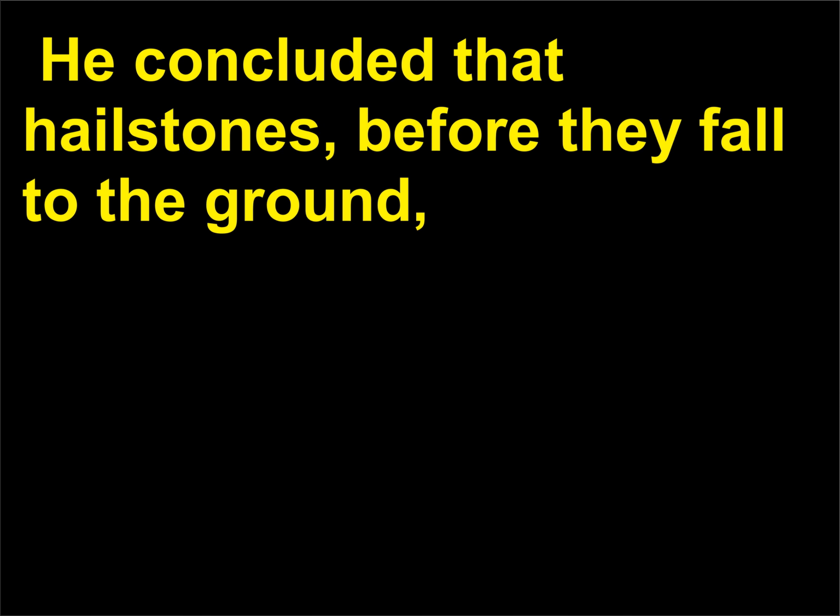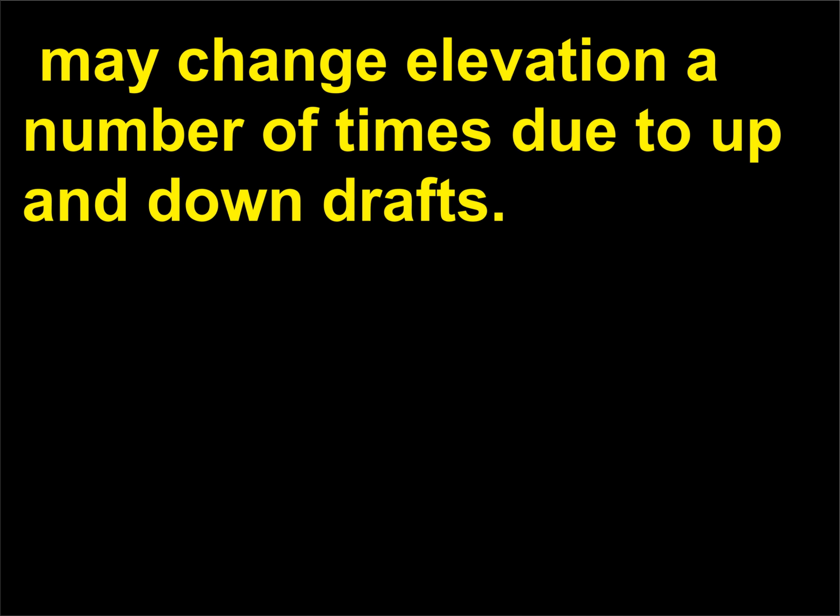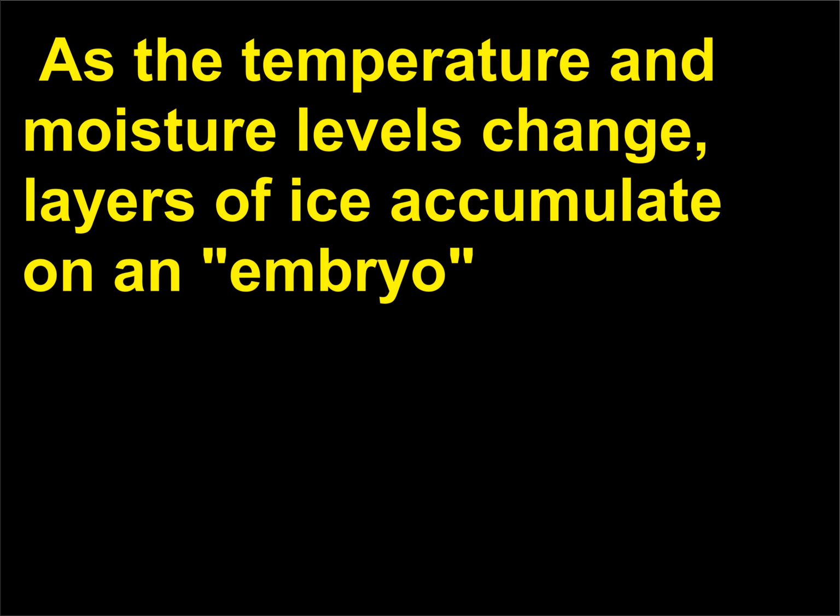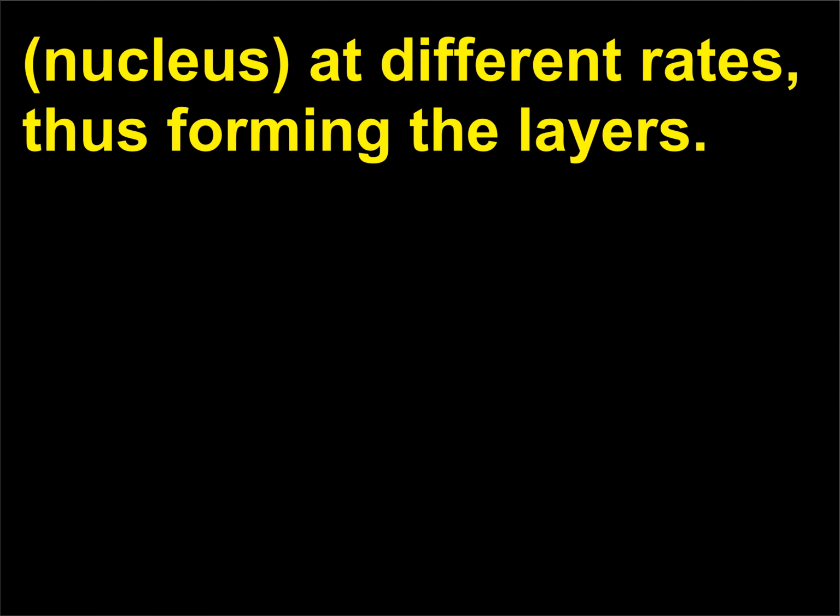He concluded that hailstones, before they fall to the ground, may change elevation a number of times due to up and down drafts. As the temperature and moisture levels change, layers of ice accumulate on an embryo nucleus at different rates, thus forming the layers.